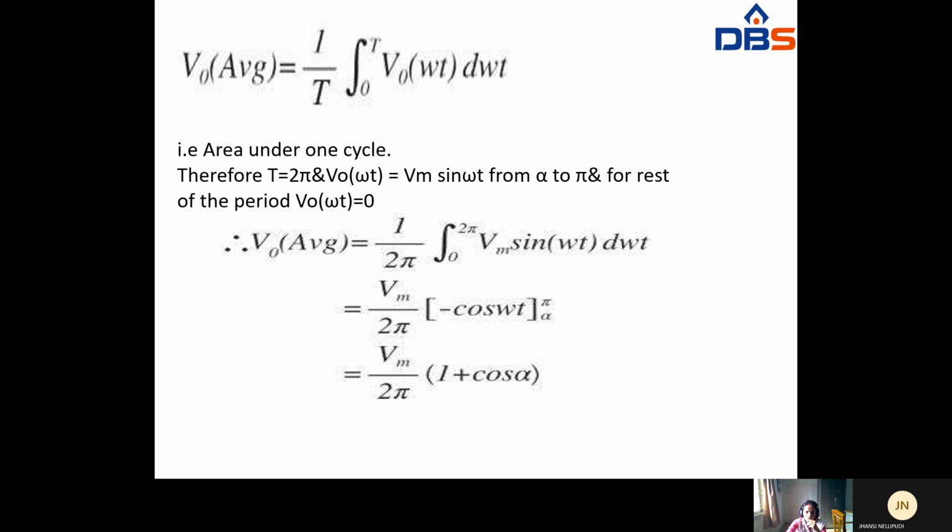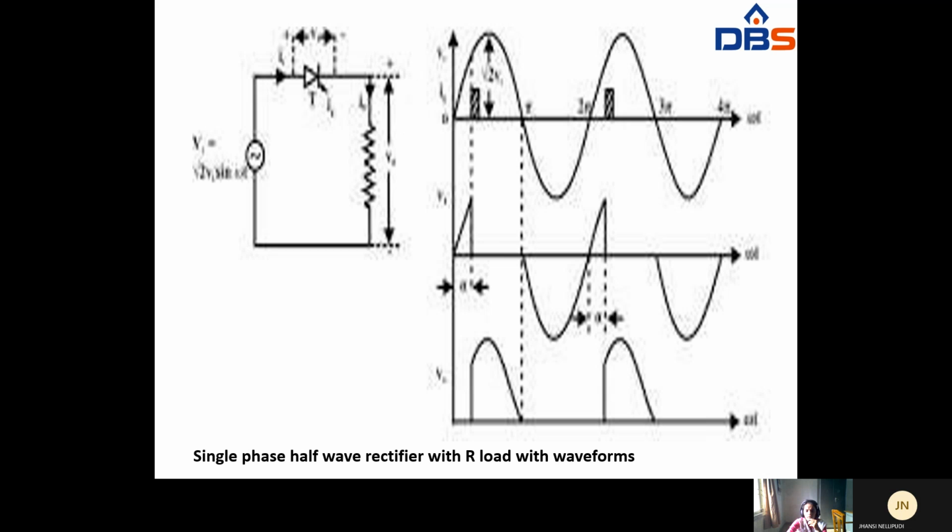Here in these waveforms we are calculating the average voltage from 0 to 2 pi. In pi to 2 pi the thyristor voltage will be 0, so the output voltage is calculated from 0 to pi.